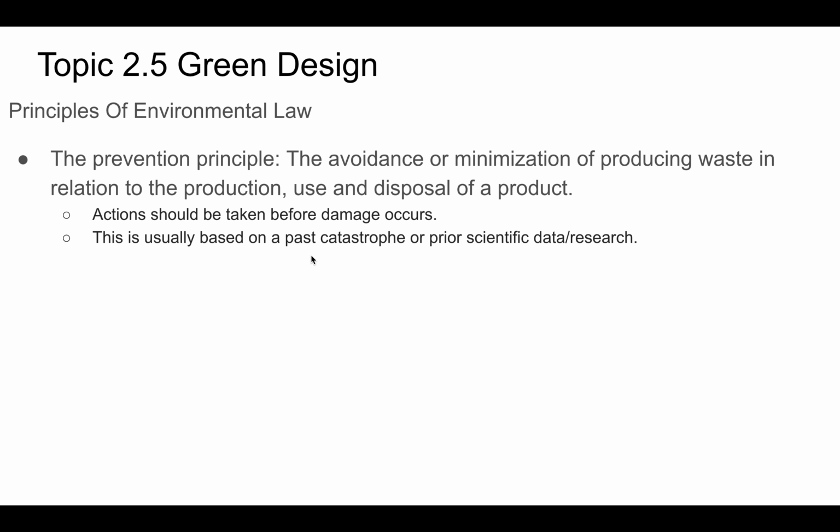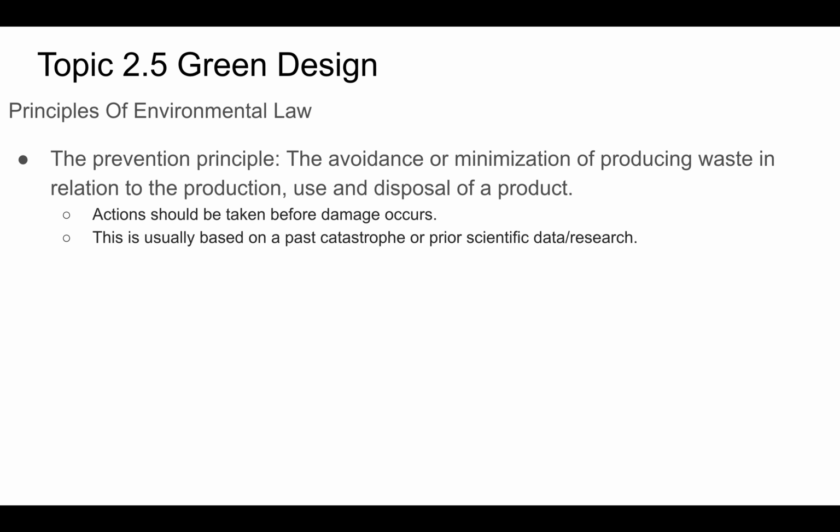And it's usually based on a past catastrophe or prior scientific data and research, right? So they go, oh my gosh, look what happened in the past. We're going to change that. It could be something like lead paint. In the past, people used to use lead in their paint a lot because it allowed you to make a very nice white paint.